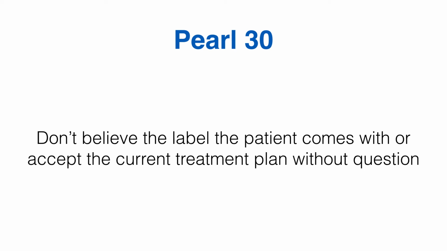So it's important you always consider the differential diagnosis and don't just accept the label the child has come with. The same thing happens with a treatment plan. Just because somebody else has made a treatment plan doesn't mean you have to follow it blindly if to you it doesn't make sense. So always query things, always make your own mind up about things.